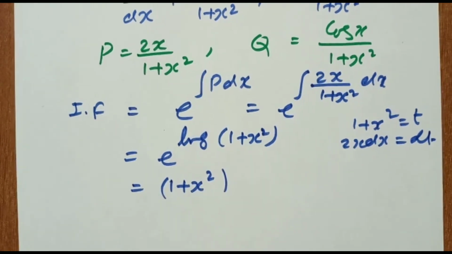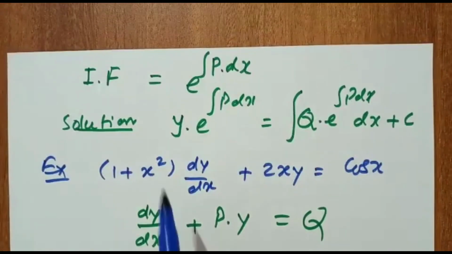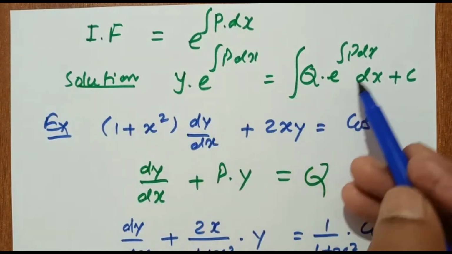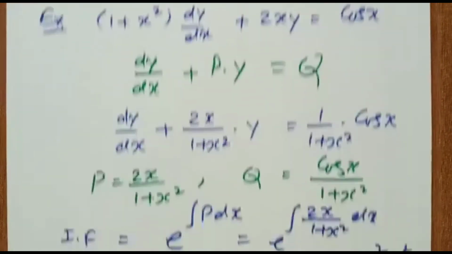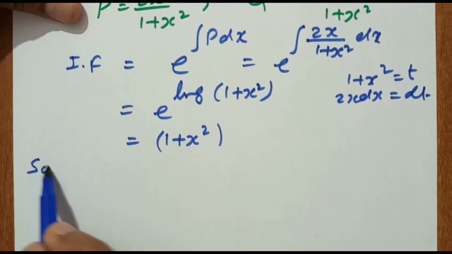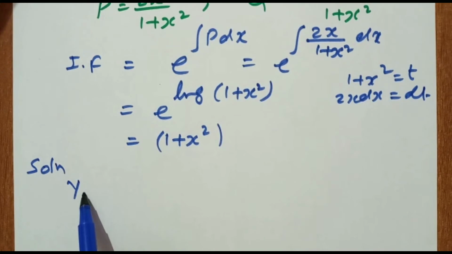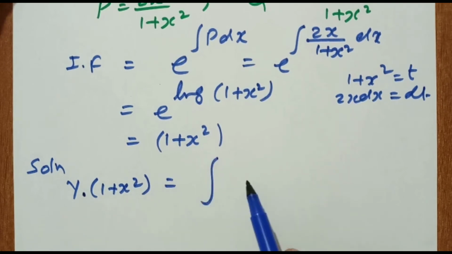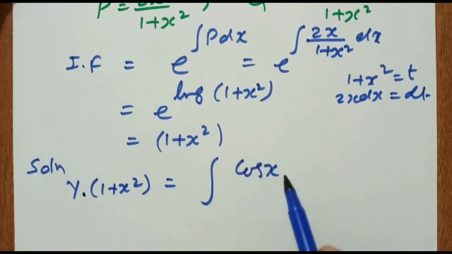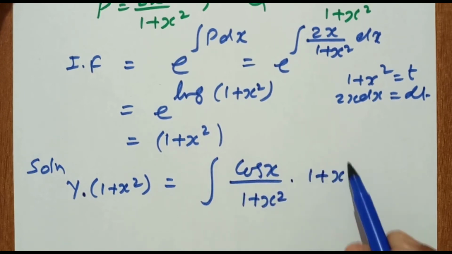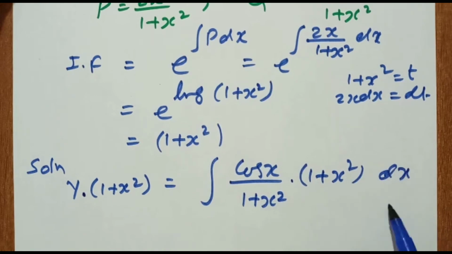As you know, what is the solution? This is the solution: y into integrating factor is equal to integral of q into integrating factor dx plus c. Okay, so this is a very easy solution to solve. So the solution is y into integrating factor, means 1 plus x square, is equal to integral of q, where q is cos x upon 1 plus x square, into the integrating factor dx plus some constant c.